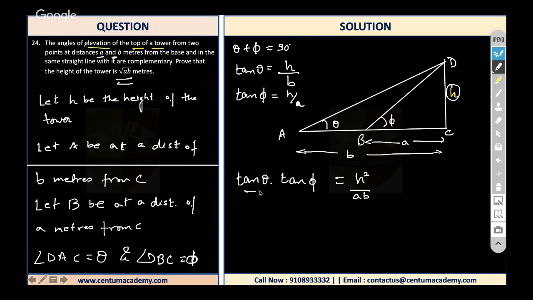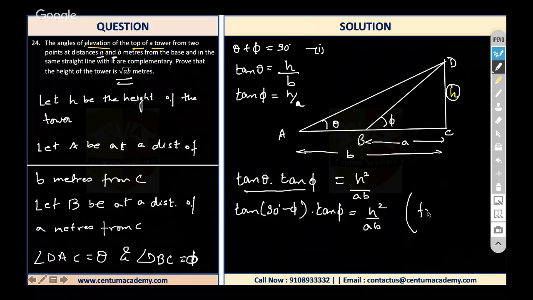Since theta and phi are complementary, tan theta into tan phi will be 1. How? You can write tan theta as tan of 90 degrees minus phi, into tan phi, equal to h square by ab. Put the earlier relation as 1.